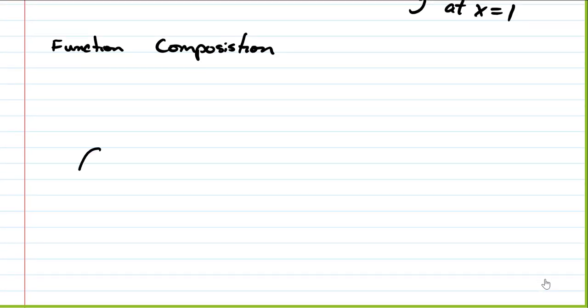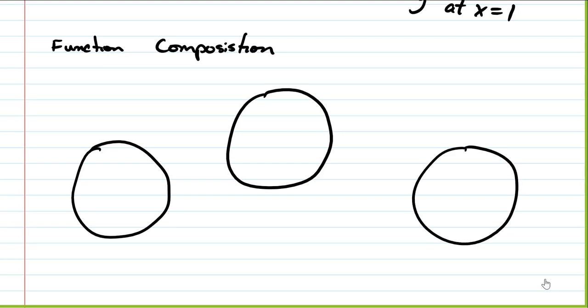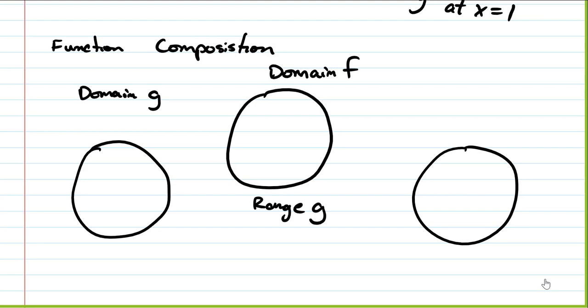So let's start by drawing a picture to help us visualize what's happening. Each of these circles represents domains and ranges. I visualize this circle as the domain of some function g, and the circle in the middle as the domain of some function f, but also as the range of g.